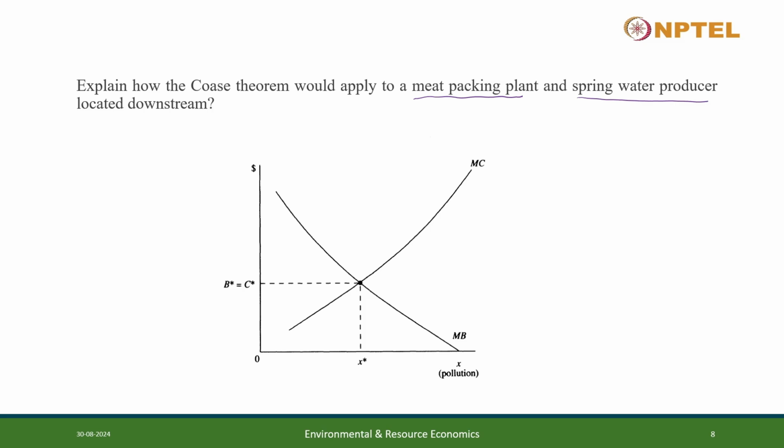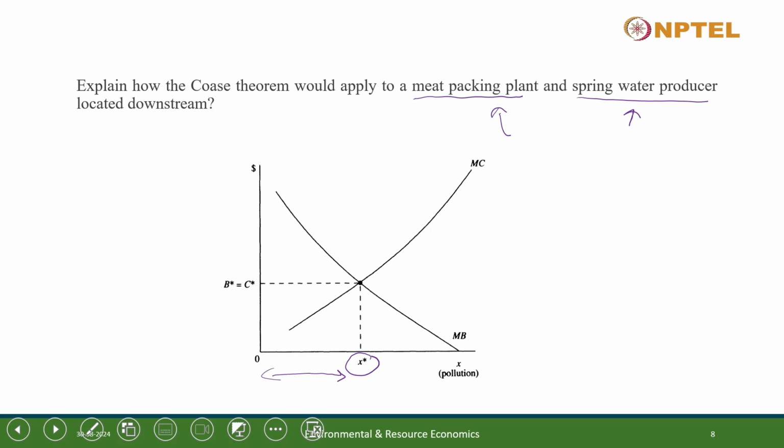That will be X star, right? So it doesn't matter whether the property right is with the meat packing plant or with the spring water plant. The optimum level of pollution is the same.